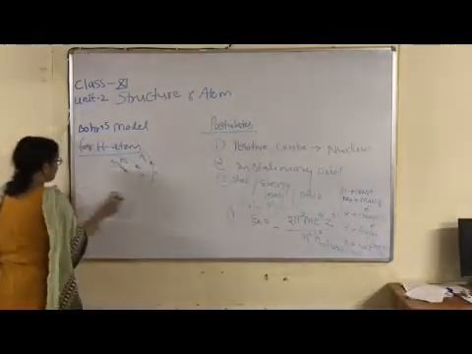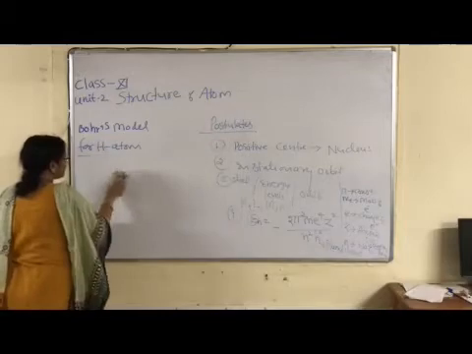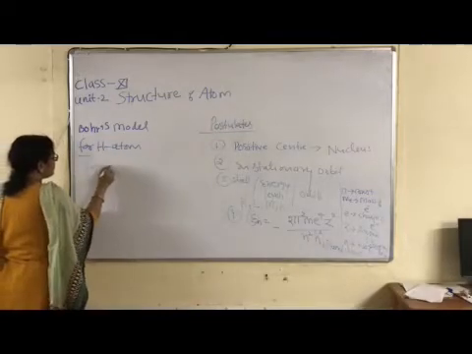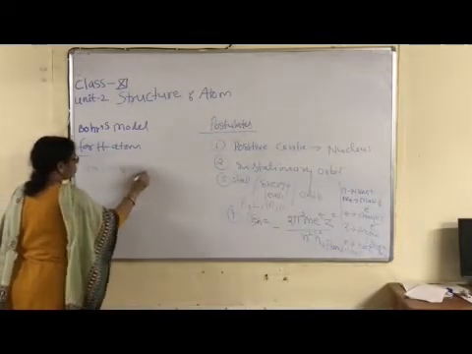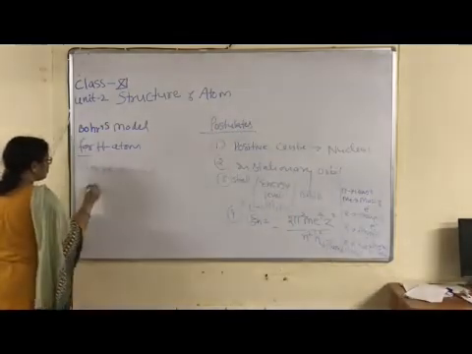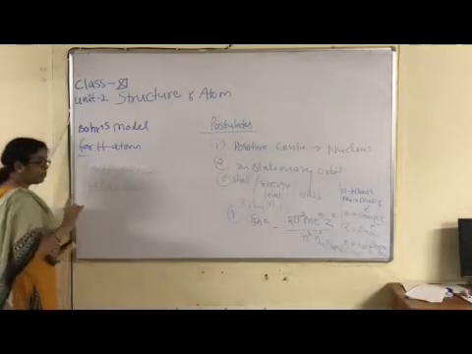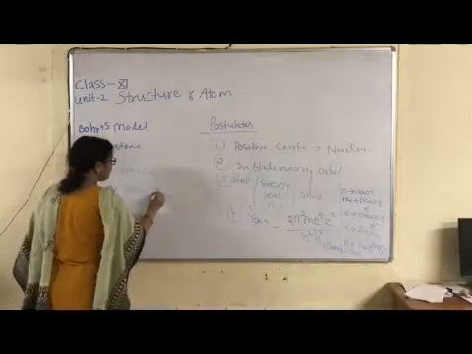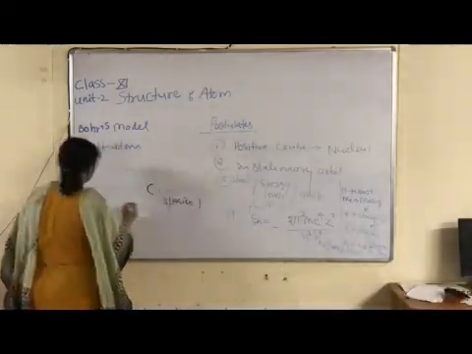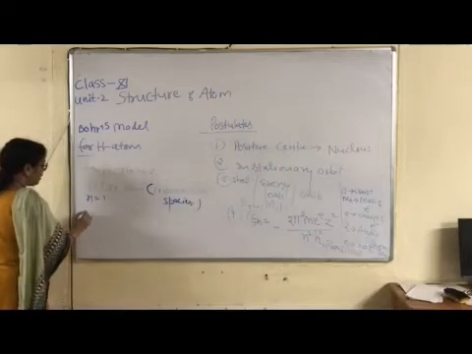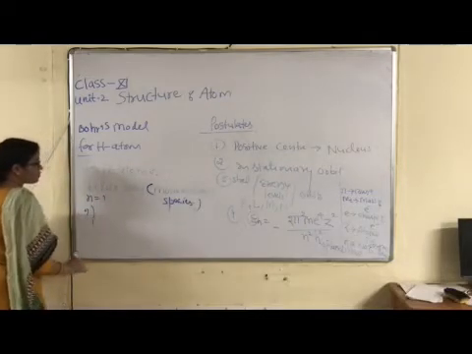This is for the hydrogen atom or hydrogen-like ions, meaning mono-electron species. Mono means 1. For this, n is equal to 1: after the nucleus, the electron is present in the first orbit.